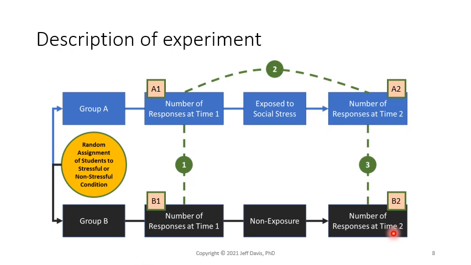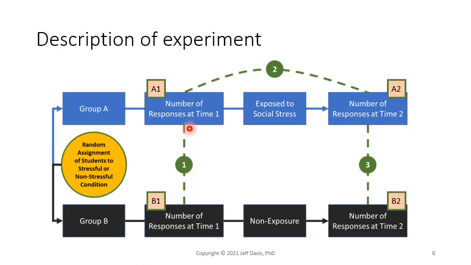So to make it a little bit easier, there are going to be 3 comparisons, and to make it easier for you to track what comparisons are being made, I've put a dotted green line here that connects the groups we're going to compare.